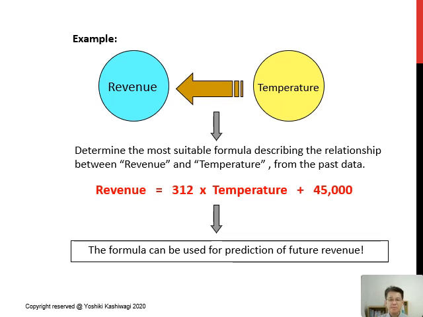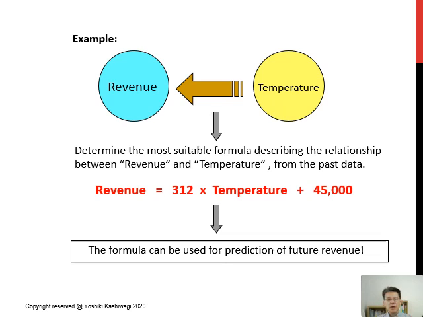This is an example of regression analysis. For example, this is a relationship between revenue and temperature. A good example of this case is sales of beer or ice cream. Let's take the example of ice cream.